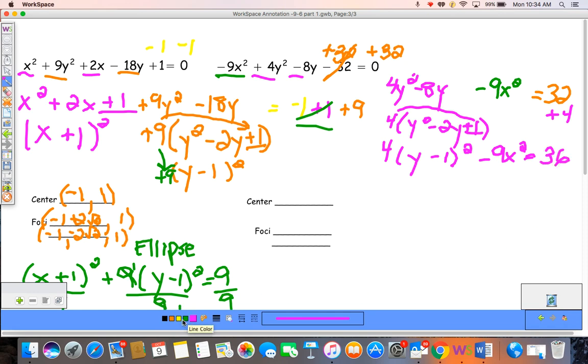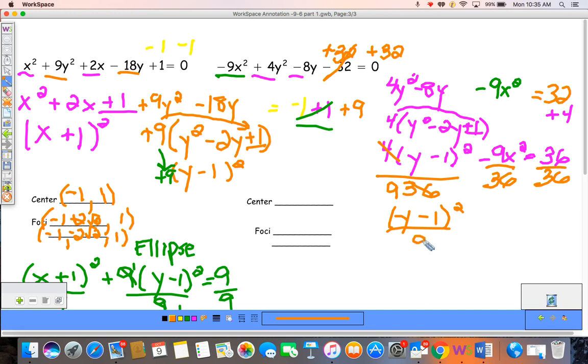Now, to get this to be in standard form, we're going to get this to be a 1. So we're going to divide everything by 36. So 4 goes into 36, what, 9 times? So this is y minus 1, quantity squared, over 9, equals, let me see, 9 goes into 36 4 times. So it'd be, oops, this is not supposed to be equals.